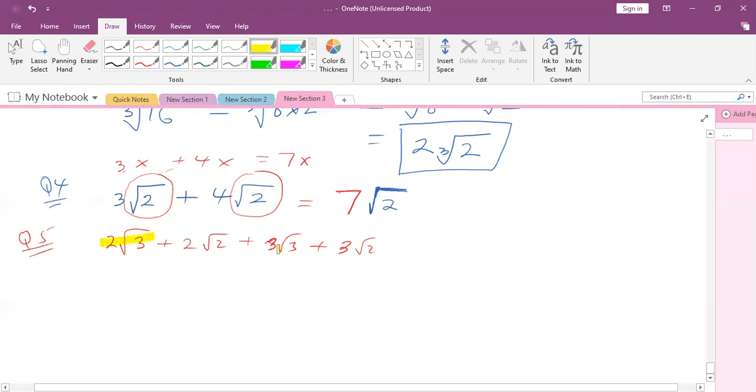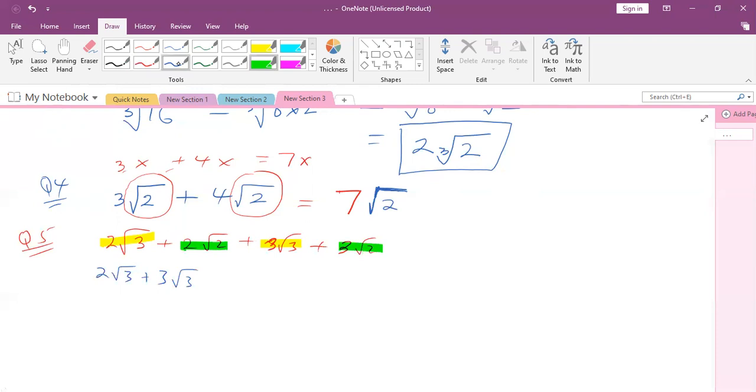This here is similar to this. They're like terms, so let's combine them together. So I have 2 root 3 plus 3 root 3. And the other like terms that I have here are this and that, so I can combine them too. So plus 2 root 2 plus 3 root 2.